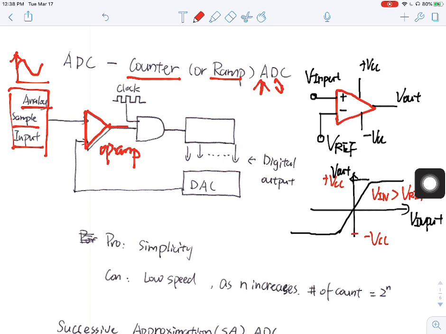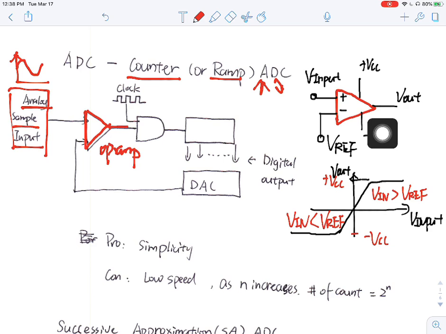For the negative output, that's when you have V in smaller than your V reference. So when your input voltage, which is right here, is smaller than this reference voltage, you will have a negative output, negative VCC. And we can manually set this negative VCC to 0 volt.